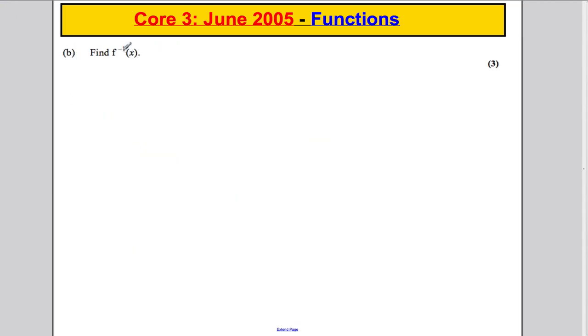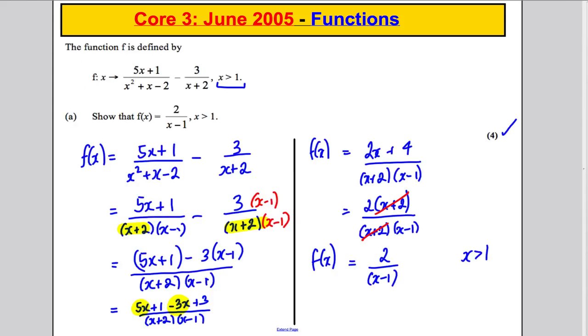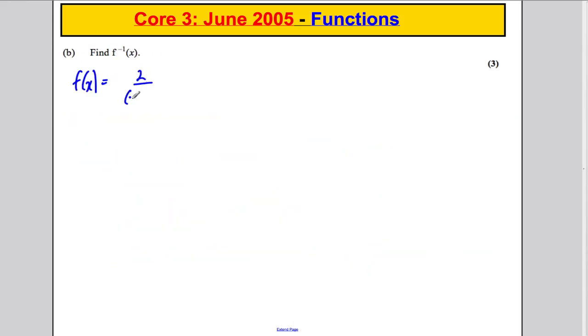Part B, find the inverse. Well, you've just worked out that f of x, a neater way of writing it, is 2 over x − 1, and the domain x is bigger than 1. The inverse function, you let y equal 2 over x − 1, and you make x the subject, so multiply both sides by the x − 1.